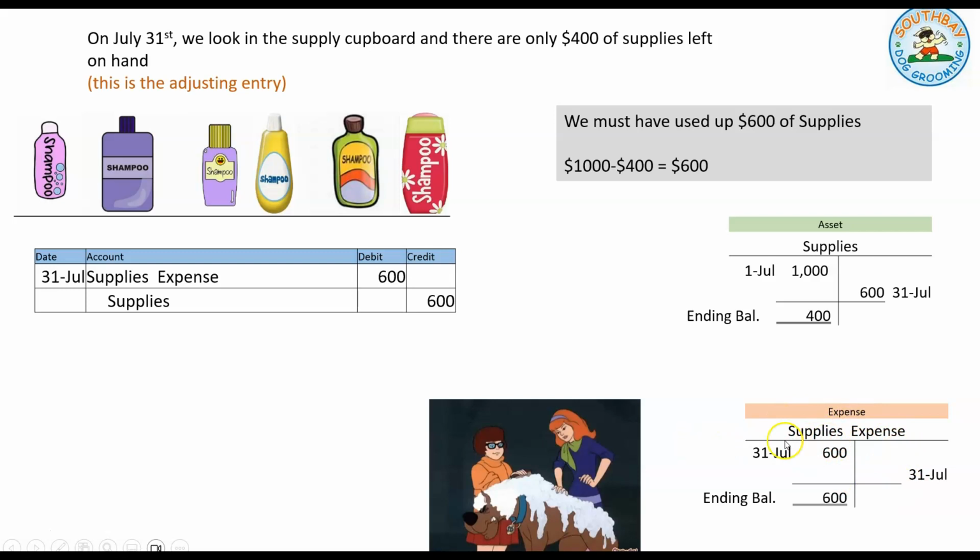It's going to show up on my income statement, and then credit $600 to supplies because we're subtracting out $600 worth of supplies. So our ending balance is going to be $400, what we actually have. Remember, it's the ending balances in these accounts that get reported and represent the company.